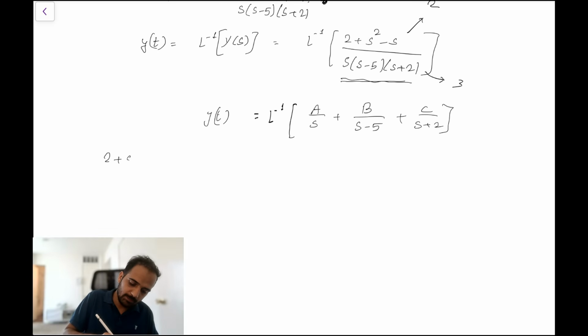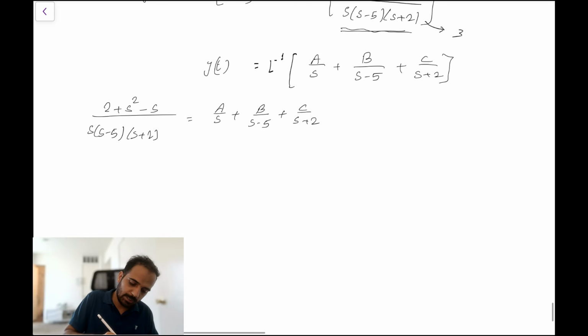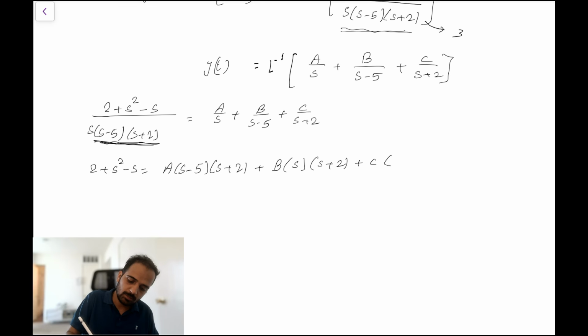To get them, we can write 2 plus s square minus s equals A(s minus 5)(s plus 2) plus B s(s plus 2) plus C s(s minus 5), multiplying the whole terms on both sides.